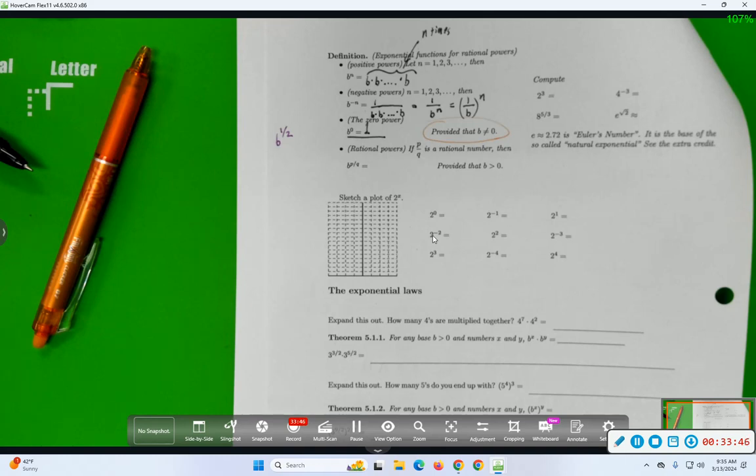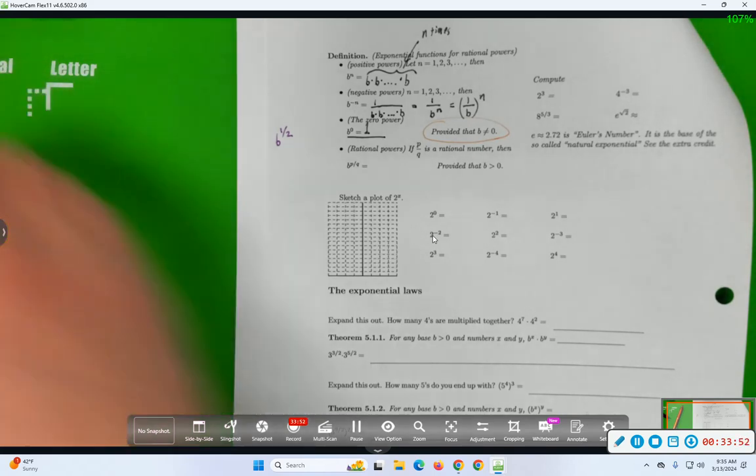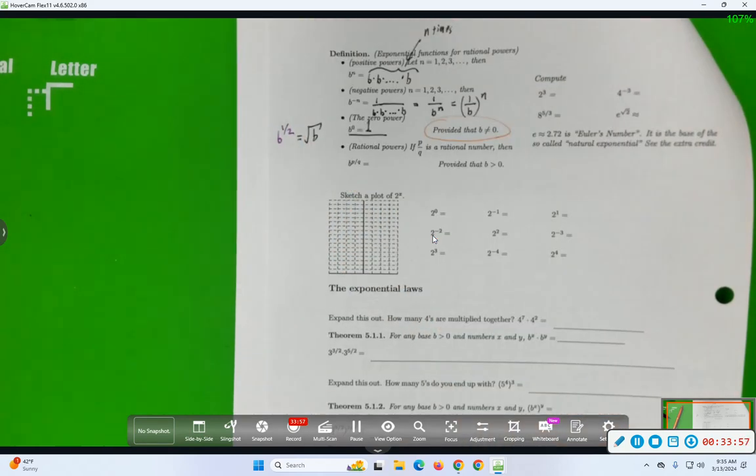What's the thing whose square is b? Square root. So fractional powers mean roots. I was trying to build towards that, but that's just the convention. If you see b to the 1/2, it means the square root of b.